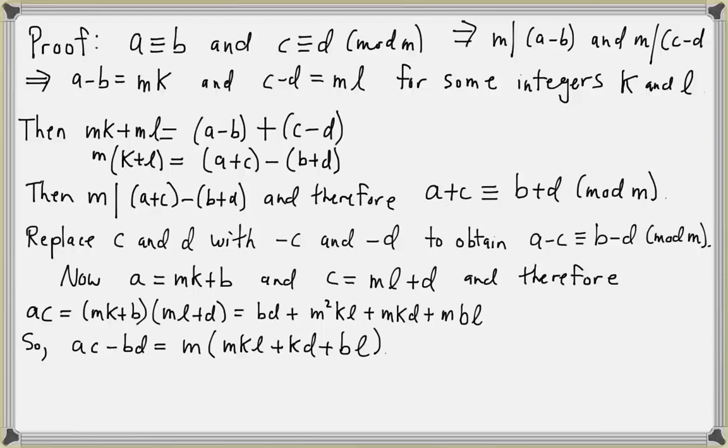Therefore, M divides AC minus BD. And we can conclude that AC is congruent to BD mod M.